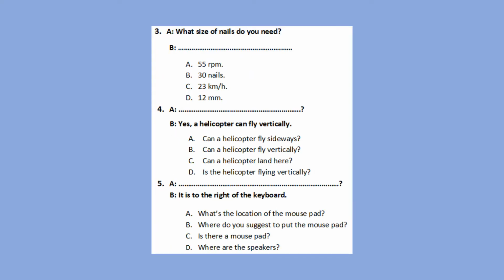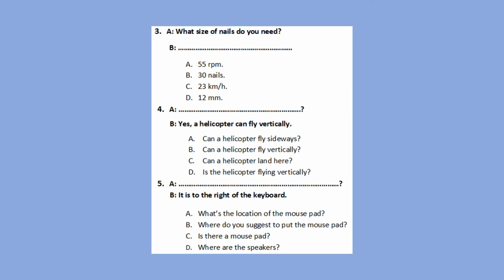Okay, let's continue looking at some dialogues. 3. A: What size of nails do you need? B should answer with A, 55 RPM, B, 30 nails, C, 23 kilometers per hour, or D, 12 millimeters.